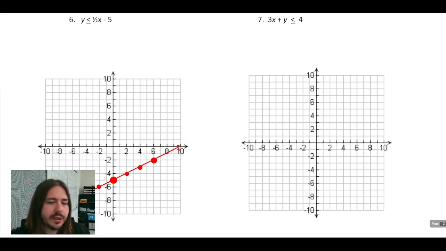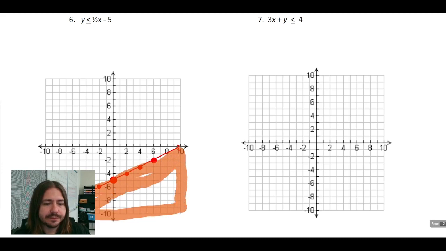Okay, so remember when you graph these lines, if you graph a solid line, it's because it could be less than or equal to. The equal to part of it's kind of the important part there. So that indicates that the points that are on the line in this case will be solutions. So that's a little different than your dotted line. The dotted line, when you draw a dotted line or a dashed line, the points on the line are not solutions, but in this case they are.